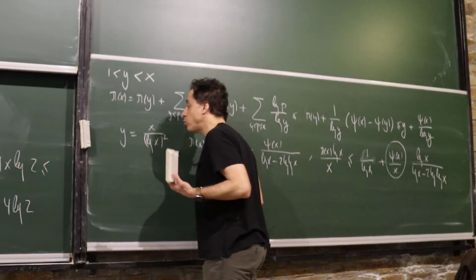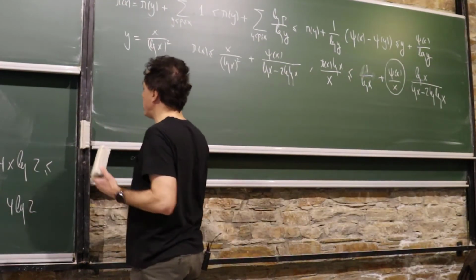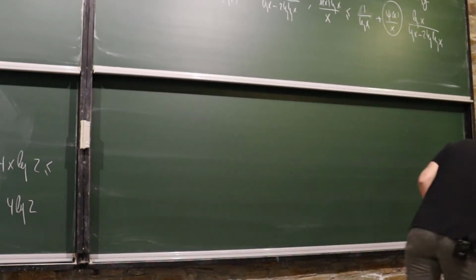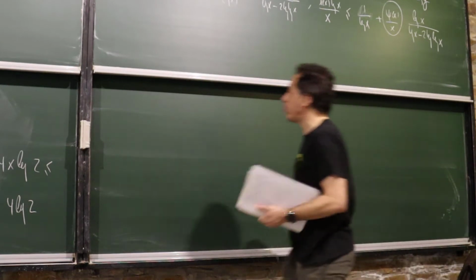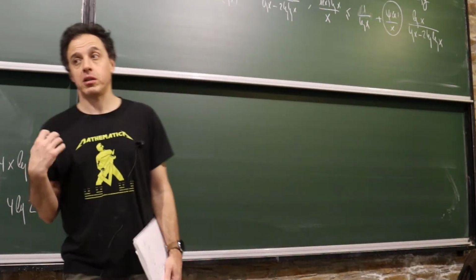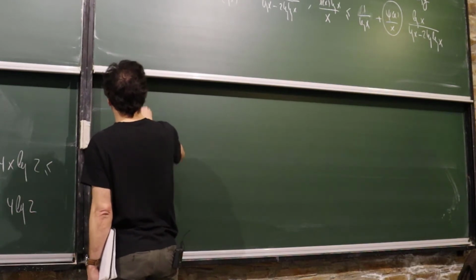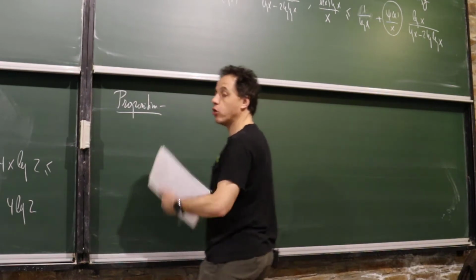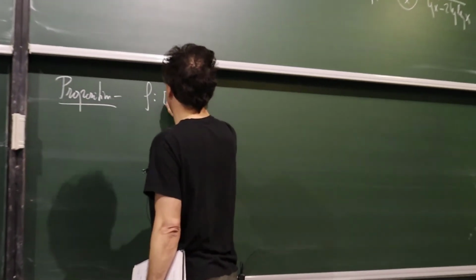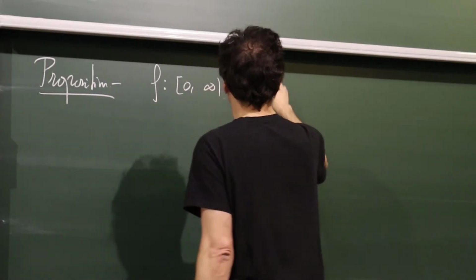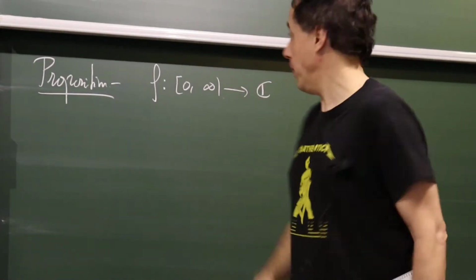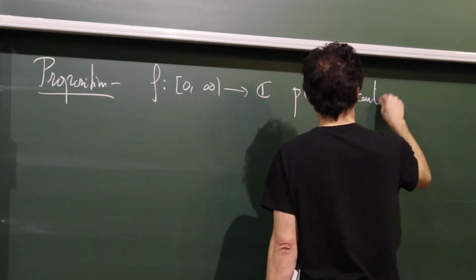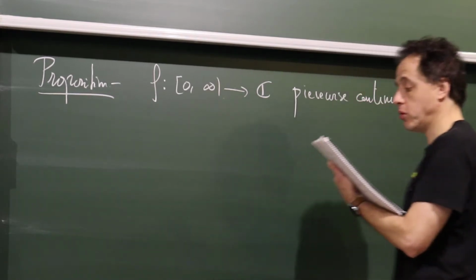So, next, we are going to show a couple of results, or at least give a rough idea of the proof of a couple of results of analytic nature that are the following. First of all, a proposition related with Laplace transforms. So assume that you have a piecewise continuous function from 0 to infinity, piecewise continuous and bounded.